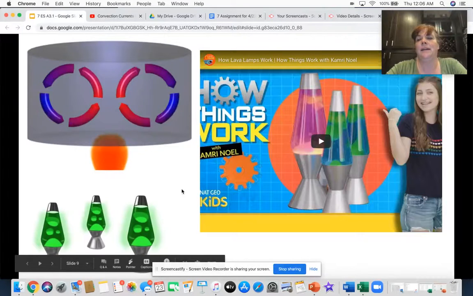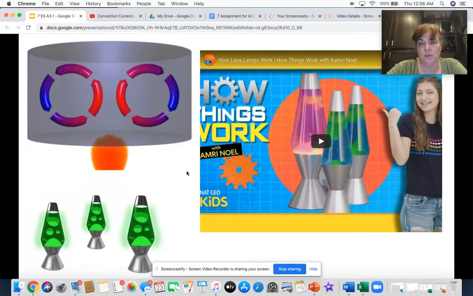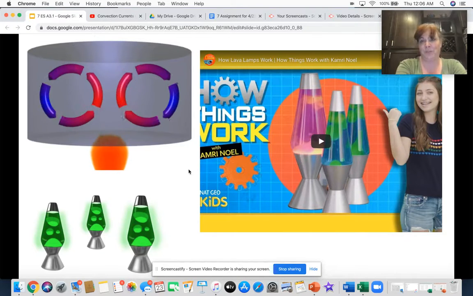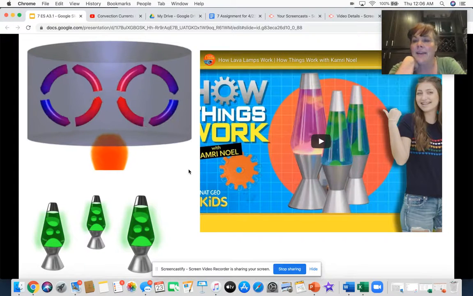Okay, all right. Now, he talked about how lava lamps work. So convection isn't just for weather. It's not just for tides. You can use convection for a lot of things. For example, how many of your parents have an air fryer? Okay, I do. In fact, I have two. I have one at school and I have one here because I use it so much. Okay, and an air fryer is a convection oven.